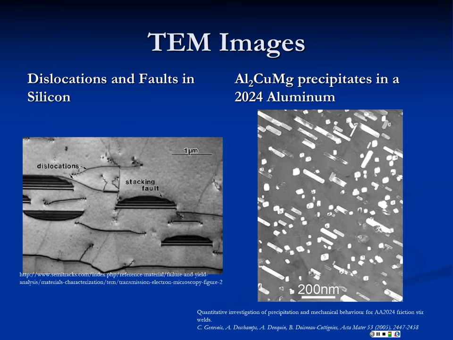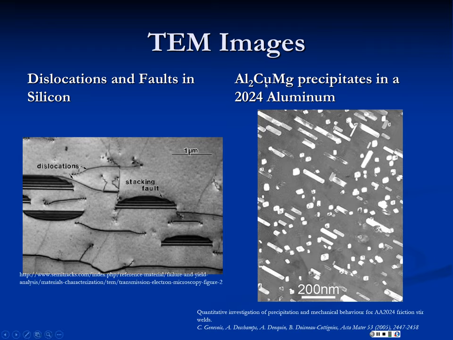Now the key to understand about the TEM, the transmission electron microscope, is your resolution is much, much finer. You can see really small things. These are dislocations. These are stacks of dislocations, stacking faults. These are precipitated oxides in stir-welded aluminum.